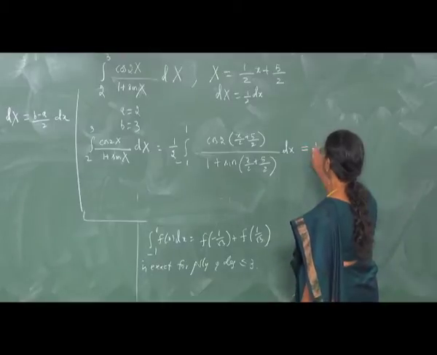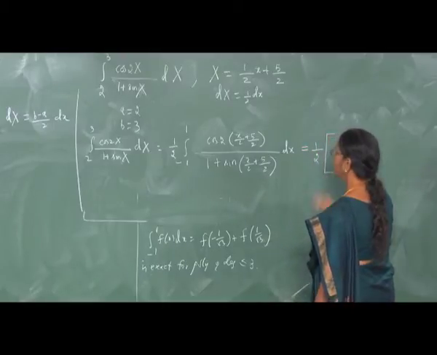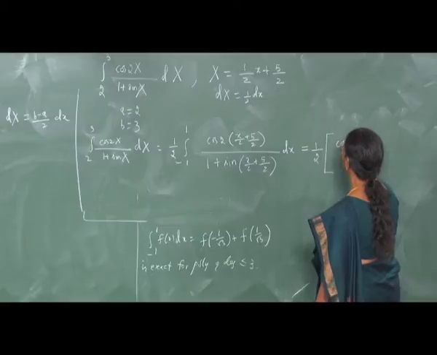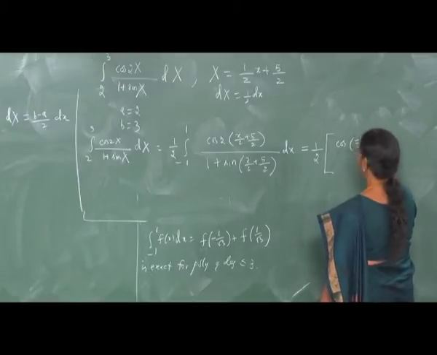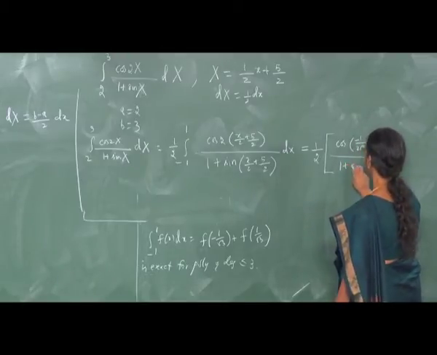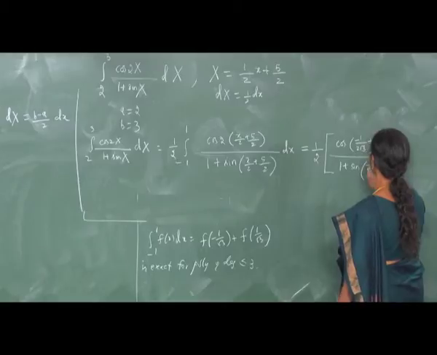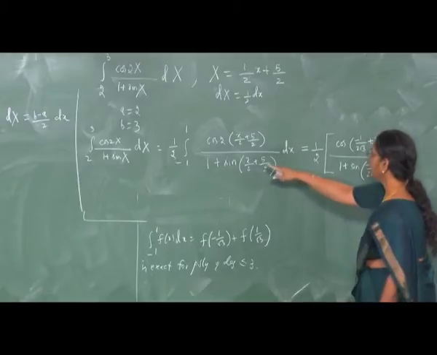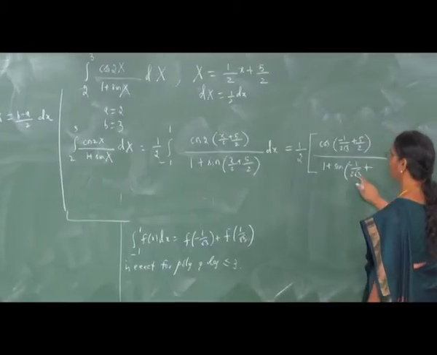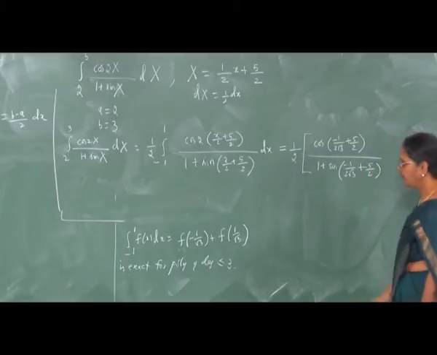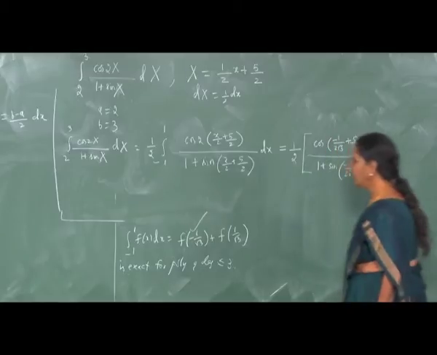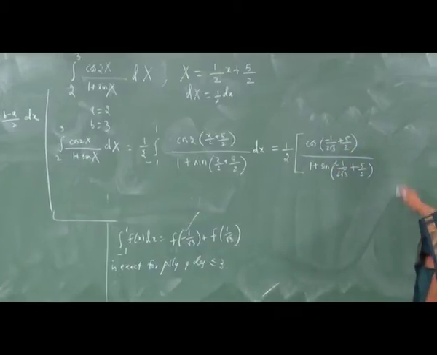So, the integral will give you half of cos of x, which is minus 1 by root 3, divided by 1 plus sin of x at x equal to minus 1 by root 3. So, minus 1 by 2 root 3 plus 5 by 2. So, we have evaluated f at minus 1 by root 3.